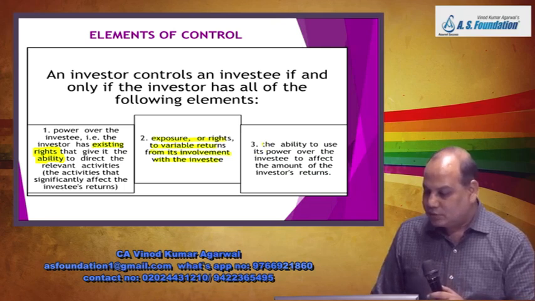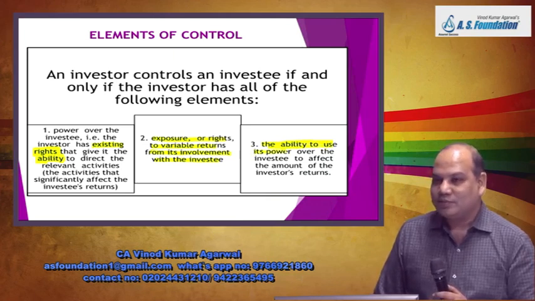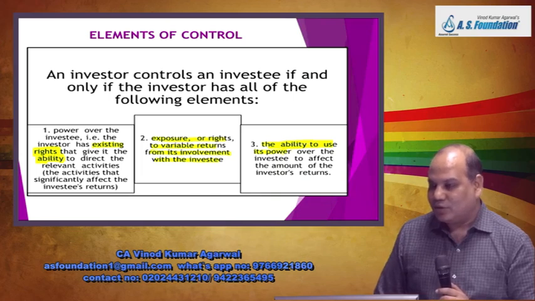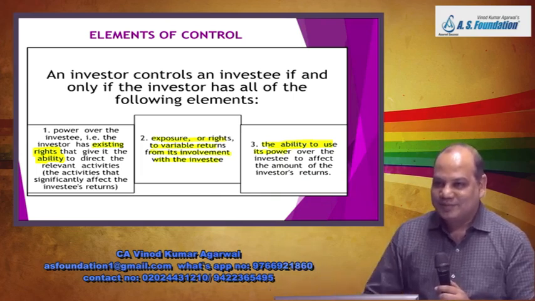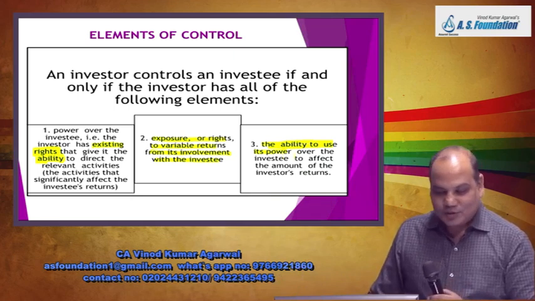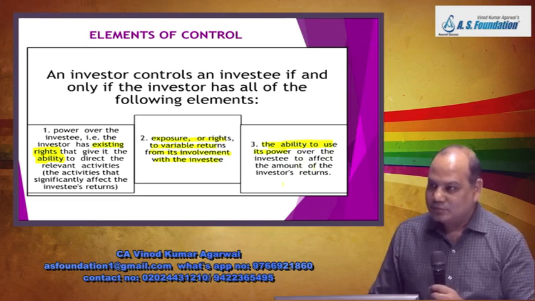And the third is the power, you should be able to use that power. Only power is not enough. Power should be used. Like all of you have power to become a rank holder, but that power has to be used. Okay. So the ability to use that power over the investee to affect the amount of the investor's return.